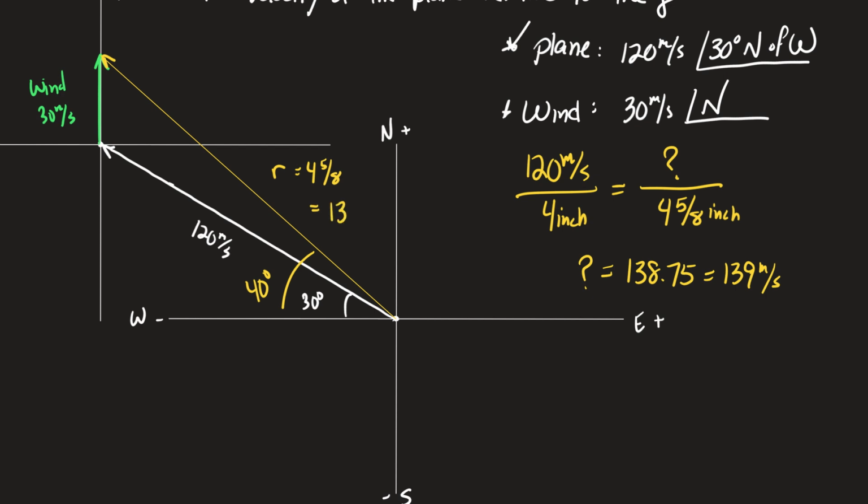Now, regardless of what scale you used, we should all be getting a number that's about the same. Plus or minus a couple is fine. It'll all depend on how careful you were with your measurements and how accurate you were when you drew your lines.